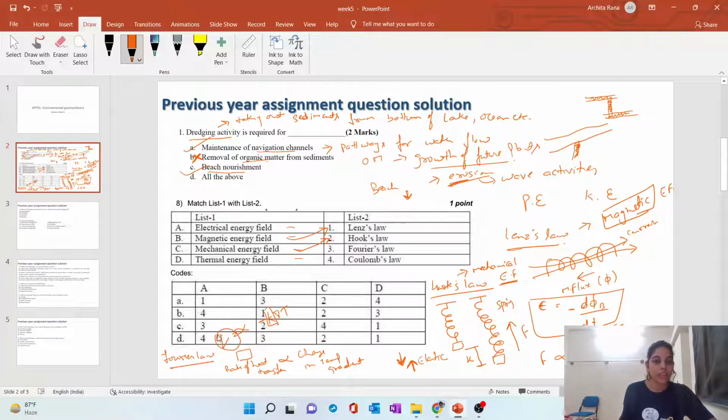So Q is heat flux and T is temperature. So this is dT by dx, the change in temperature as the heat passes.